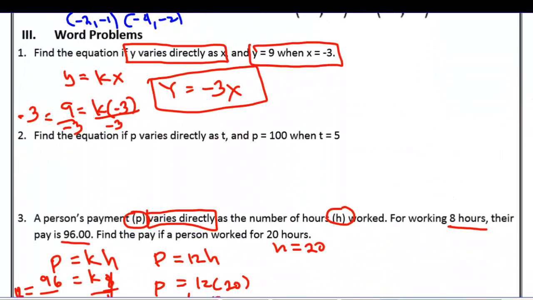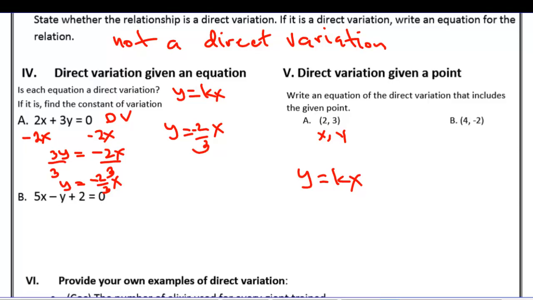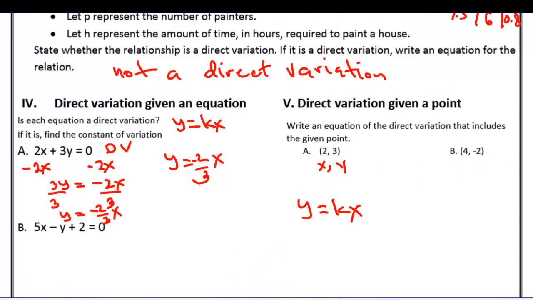So to find our k, or our slope, we just need to divide y by x. So y is 3 divided by x is 3 over 2. So we will have y equals 3 over 2 x. Or you can also write this as y equals 1.5x. Alright, go ahead, pause the video and solve for letter B.